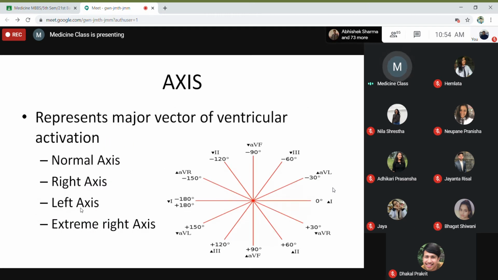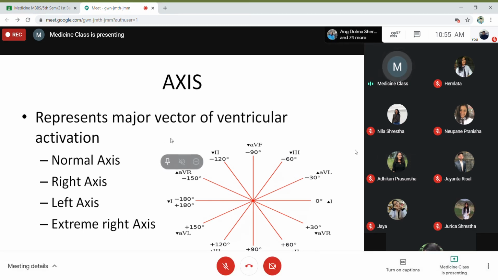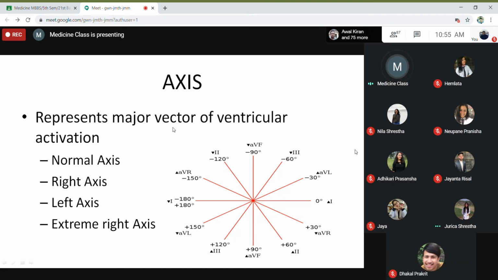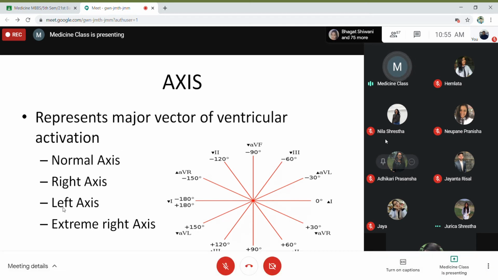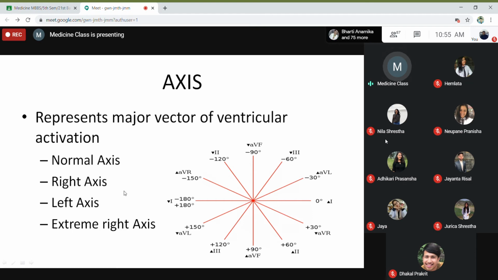So before we go to all these waves, let us first try to know what axis is. Actually, axis is a vector of the ventricular activation. You may remember what a vector is from your +2 knowledge, that it's the sum of two forces. And we generally say that there is a normal axis or right axis or left axis or extreme right axis.